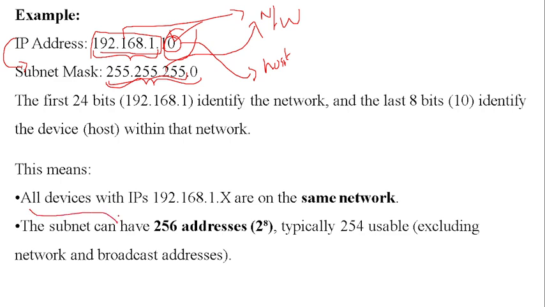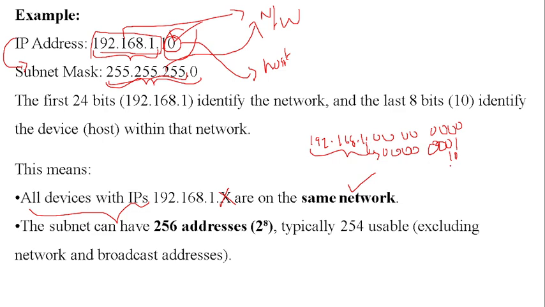So here all devices with IP address 192.168.1 dot any number are on the same network. What I meant to say is, it will be like 192.168.1 dot, these are the network ID, and 00000000 means the first IP address. 00000001, that is 192.168.1.1, is the first system IP address. 192.168.1.2, that is 10, is the second system IP address. 192.168.1.3, that is 11.